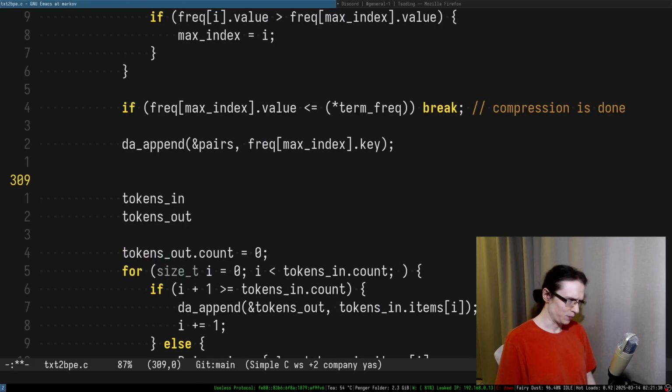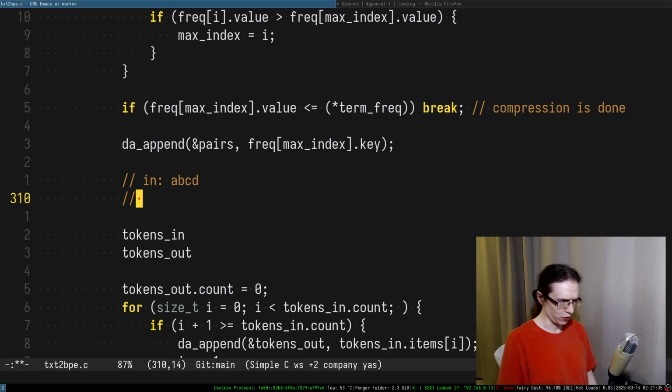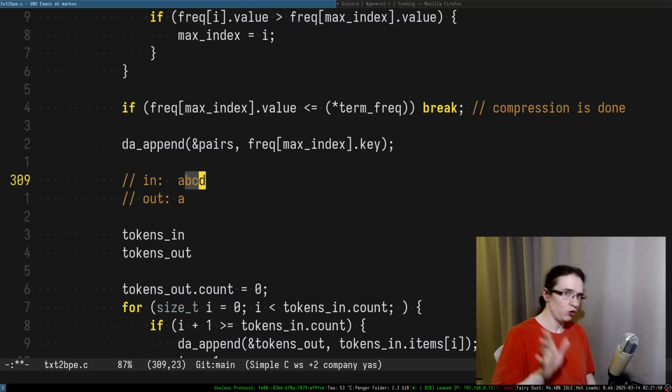Right, so essentially we have something like A, B, C, D in the input tokens, and here we have output tokens. So we encounter A. A, B is not the most frequent pair, so I just append A. Then I encounter BC. Let's assume that BC is the pair that I want to replace.